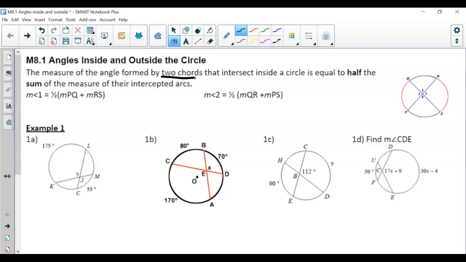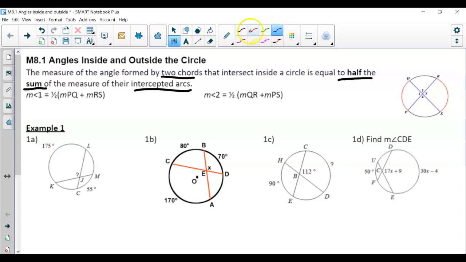What we have here is that it is equal to half of the sum, meaning we're going to take the two arcs that are created, add them together, and then take half of that.